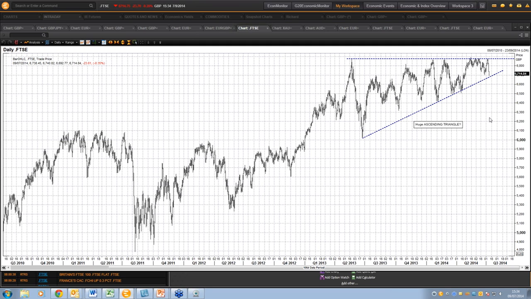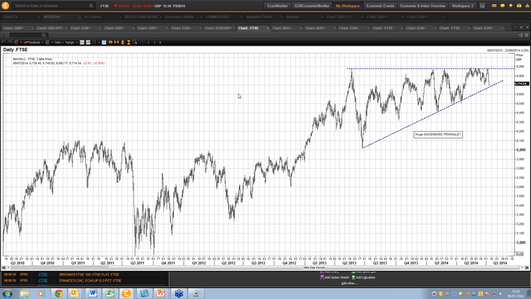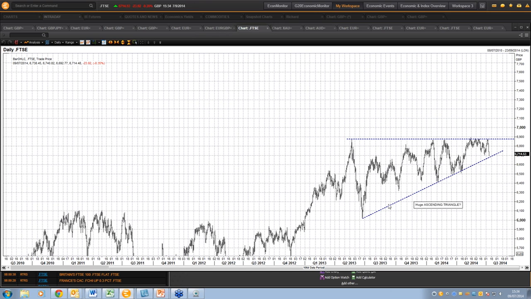But yeah, so that is possibly going to give us a nice big upside target if you did ultimately get that, and you'd get your upside target from measuring that higher, 7,600. Wow, if it did happen. So it hasn't happened yet, I will stress, but that is exactly where you'd be, sort of ballpark figure, you'd be looking at on Footsie.